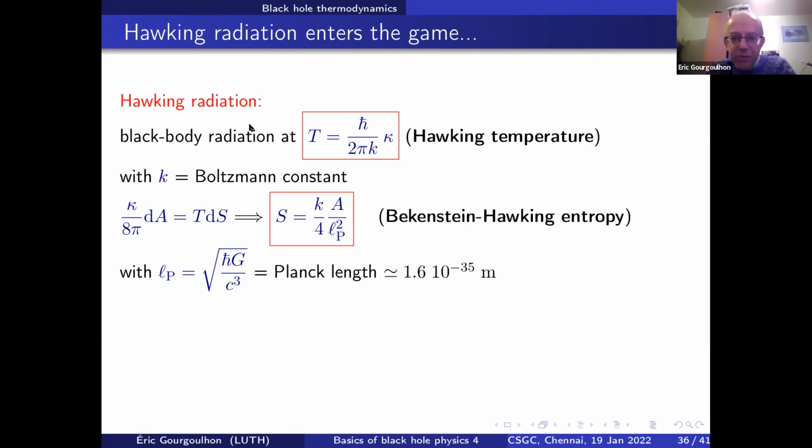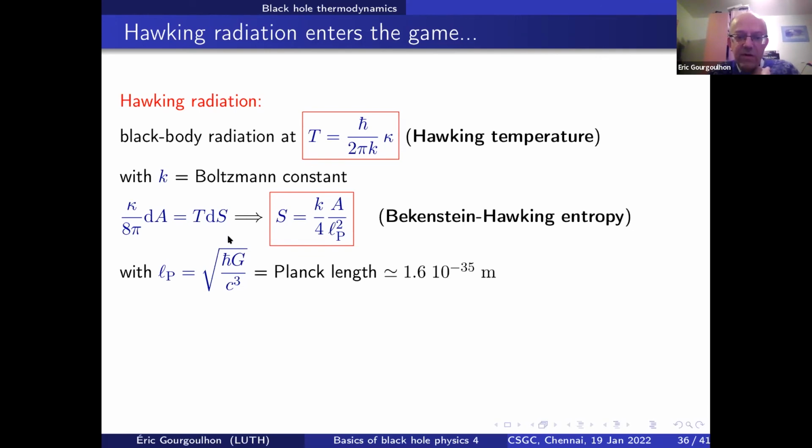I'm not going to detail Hawking radiation here, but in Hawking radiation, which is a quantum process in the vicinity of a black hole event horizon, you have a black body radiation at that temperature, so h bar enters into the game because it's a quantum process, and this relates rigorously the temperature to the surface gravity, and this sets the coefficient alpha.